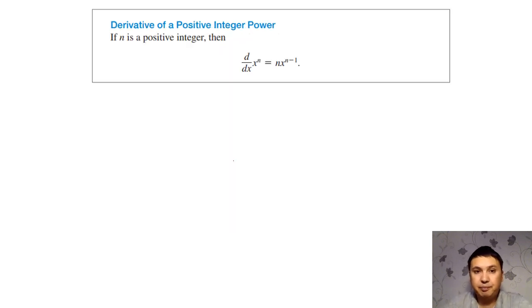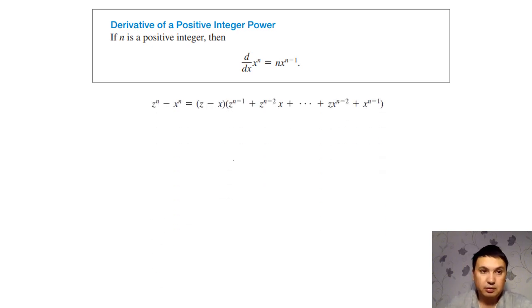The power rule for integer powers. If n is a positive integer, then the derivative of x to the n is n times x to the n minus 1. To prove it, we will use the following binomial formula and the following version of the definition of the derivative.